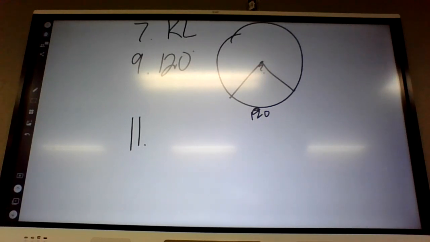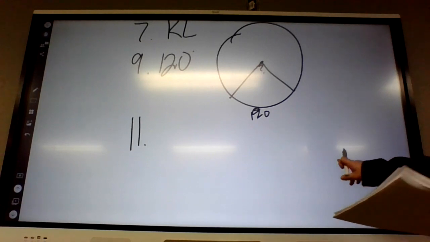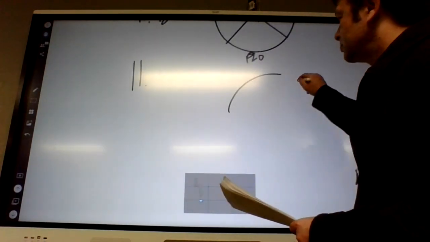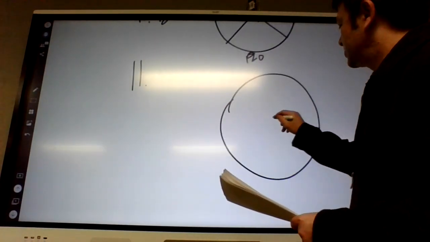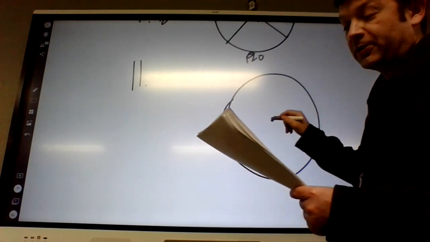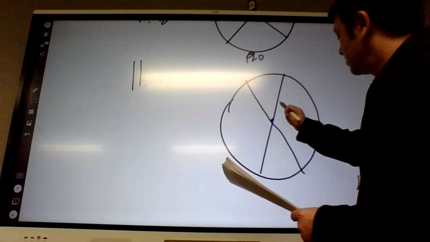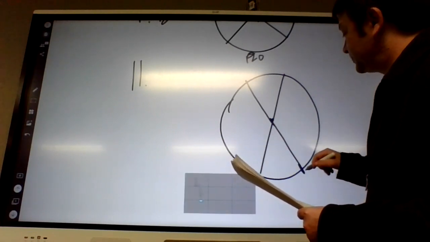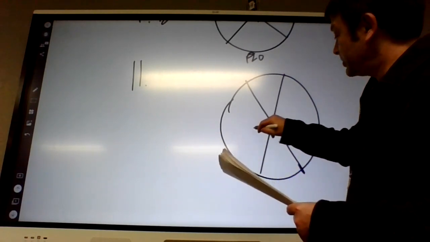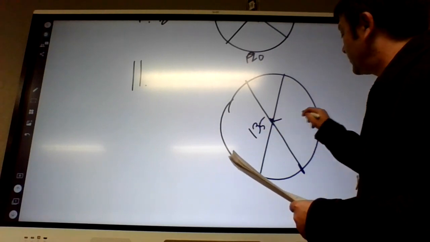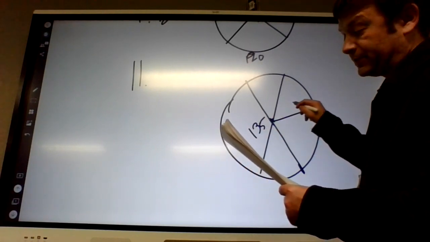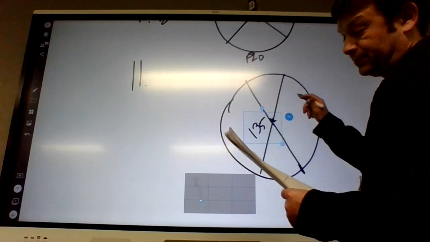How did I know that, though? They're vertical angles, yes. If I can draw a straight line, maybe. It's something like this. This is 135.